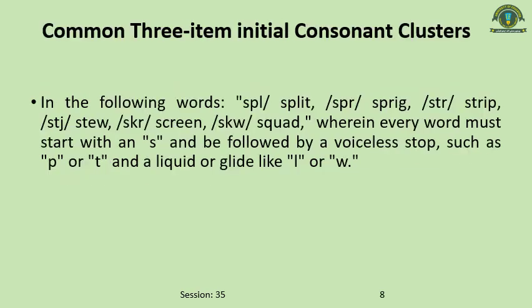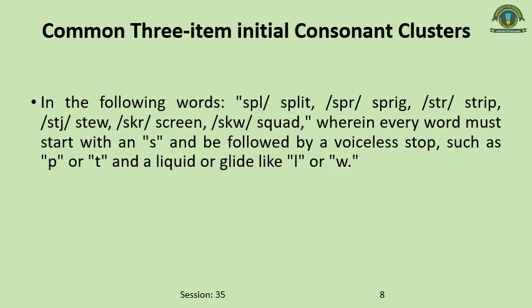Now, for your understanding, you can have these common three-item initial consonant clusters. You can see them in the following words: split, SPL; sprig, SPR; strip, STR; stew, STY; screen, SKR; squad, SKW. We are talking about the sounds.